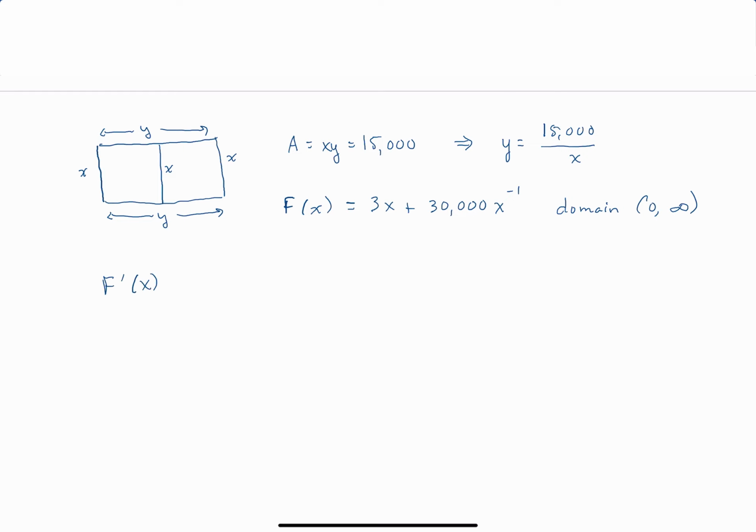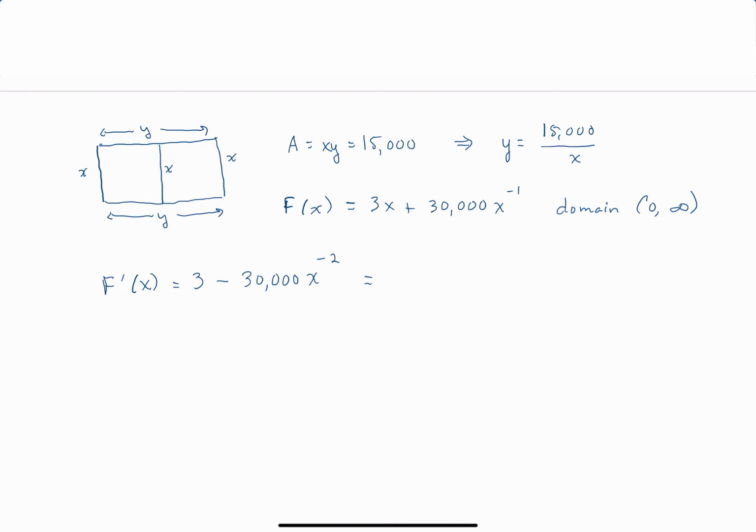That's going to be 3 minus, so I'm bringing that negative 1 power down front, minus 30,000 x to the negative 2, because I have to subtract 1 from the power. And now we want to simplify that so that we can find critical numbers.